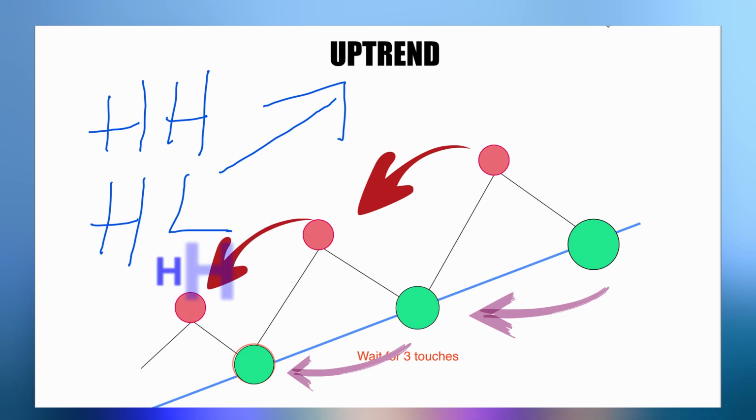So we have higher high, higher high, higher high, higher low, higher low, higher low. We need 3 higher highs and 3 higher lows to confirm an uptrend. We will have a look at a real chart in just a minute.